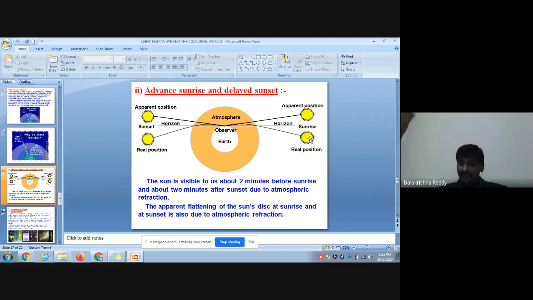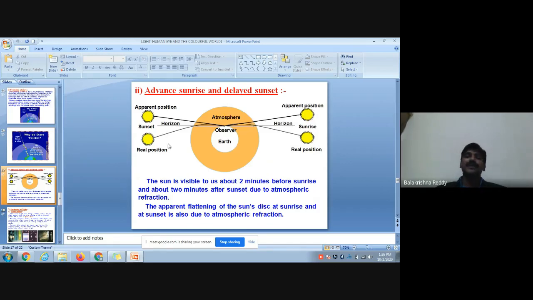The light ray which is coming from the sun comes from the vacuum into the denser medium, the atmosphere. So it is bending. See here, the light ray which is coming here is bending. If you are here as an observer on the surface of the earth, you are seeing the bending light ray. So in the direction of the bending light ray, if you extend the light rays, this is the position of the sun which appears to the observer.